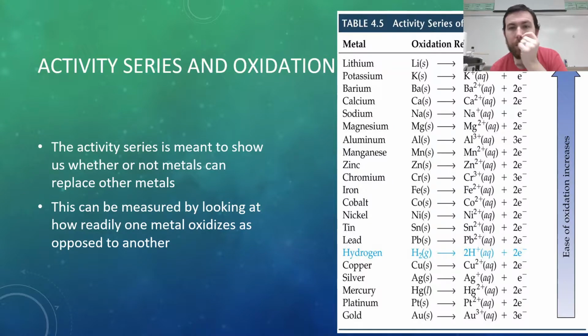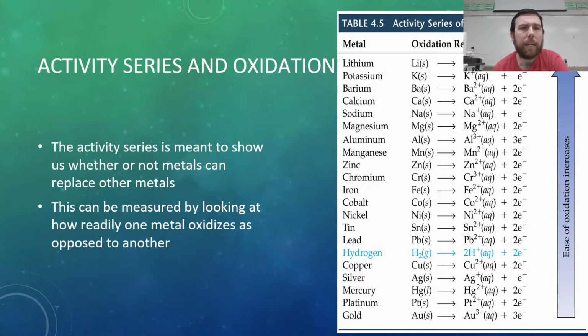Obviously, the reverse would not take place. If zinc were there and you wanted zinc to replace barium from solution, because zinc is lower on the activity series, zinc would not be able to react with the barium ions to displace it. The zinc would stay as the metal, and the barium would remain as ions in solution.